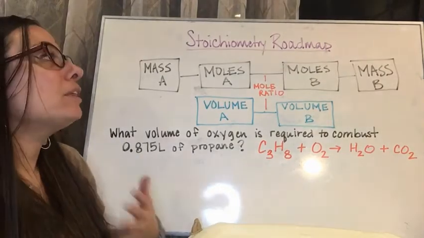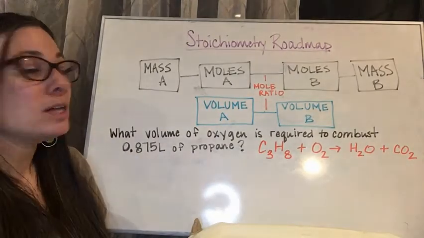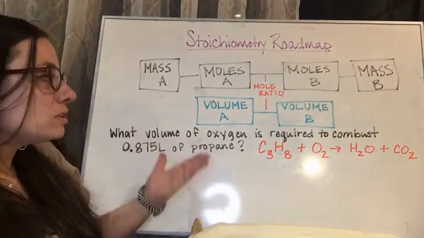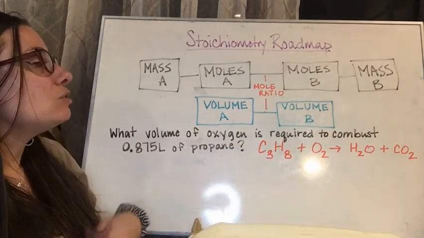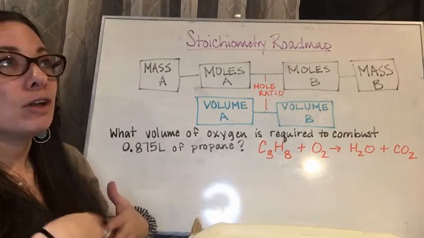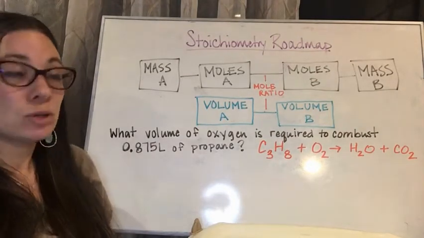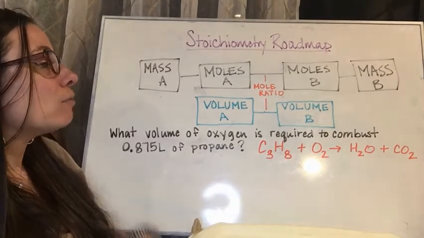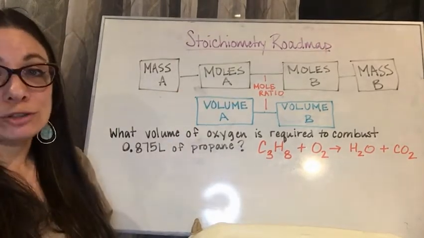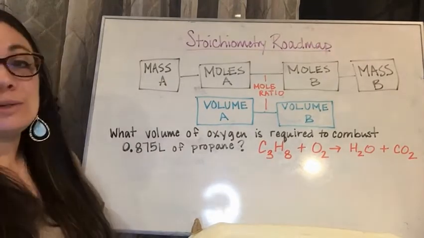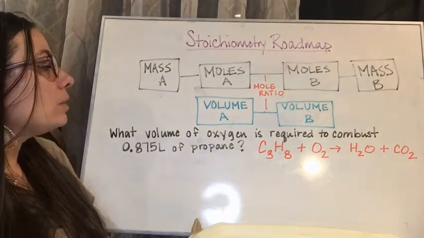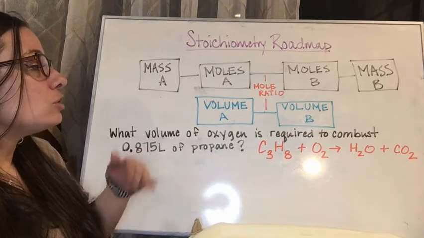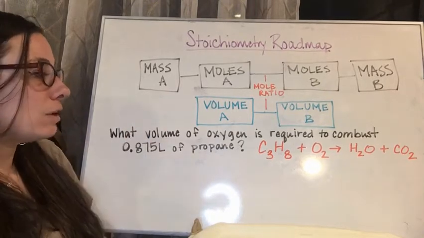We will talk about this more when we get into the gas laws, but the amount of a gas, or the moles of the gas, is going to be directly related to the volume or the amount of space that it takes up. So the more gas you have, the greater the volume is going to be. And so that ratio is one that we call directly proportional. So we're going to use that same ratio when we solve problems that require us to go from the volume of one gas into the volume of another gas.